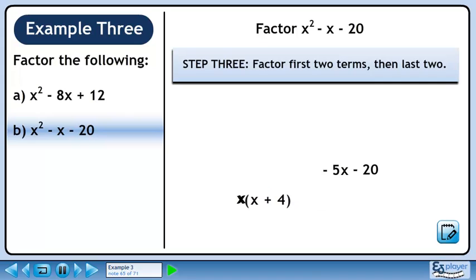Factor out x to get x times x plus 4. Minus 5x is minus 5 times x. Minus 20 is minus 5 times 4. Factor out minus 5 to get minus 5 times x plus 4.